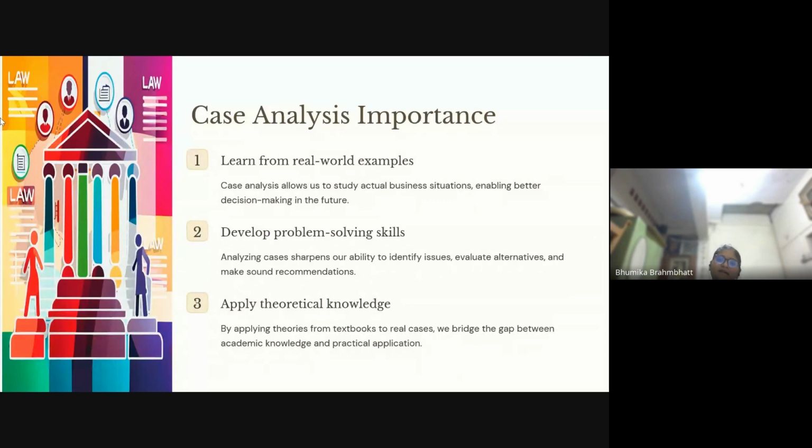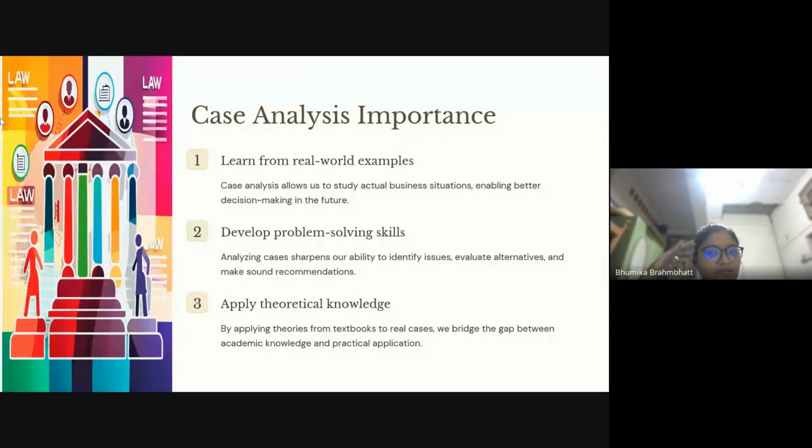If I do case analysis on my own, in the sense that I put my own opinion, but the case opinion is totally different, then it can create a problem. So what you have to do is find a solution for the problem that is being created. And if you do not get it, you can ask the team members of Legal Vidya. They will help you with the loopholes, so you can easily evaluate and detect the problem. Then there is no problem in your case research.